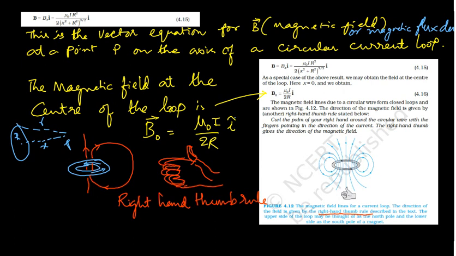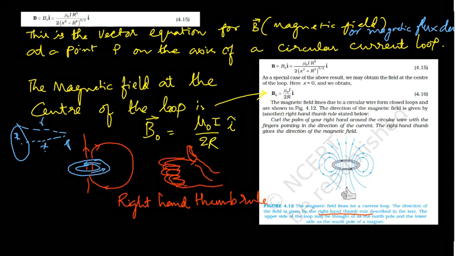So substituting x equal to 0, you will get mu naught I r square, with r cube down there, so you get r, and I cap is the direction. So this is the vector form.